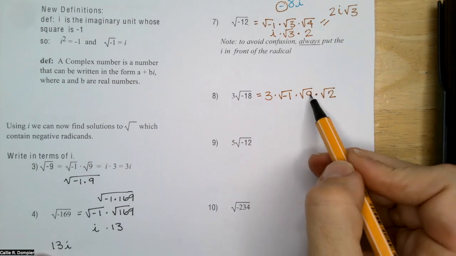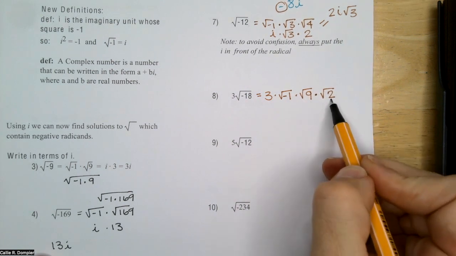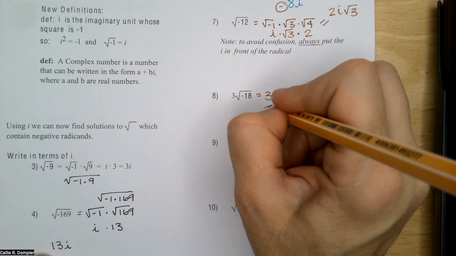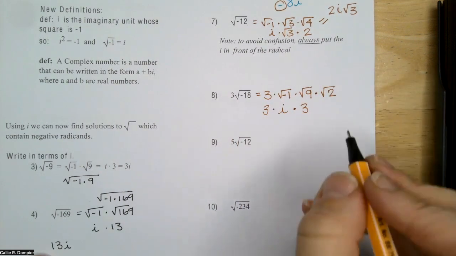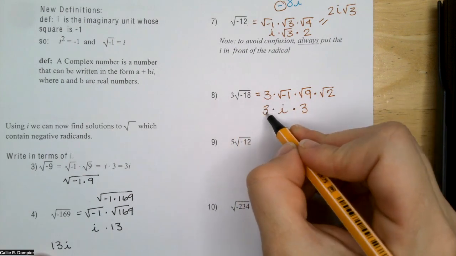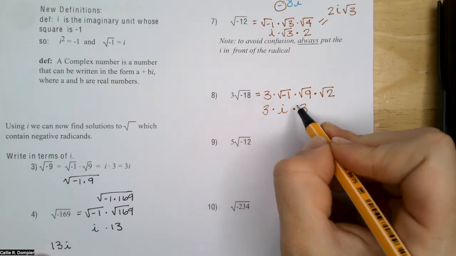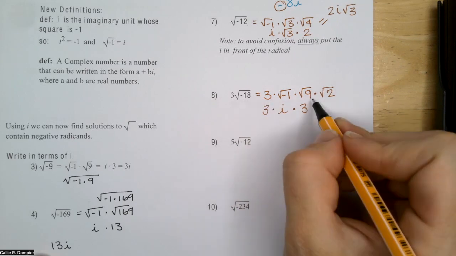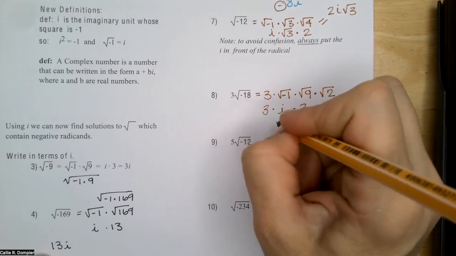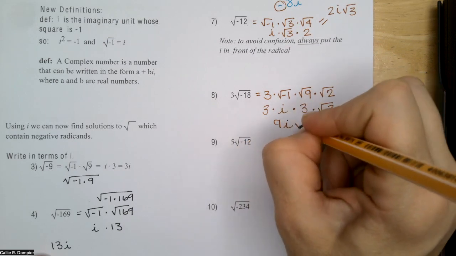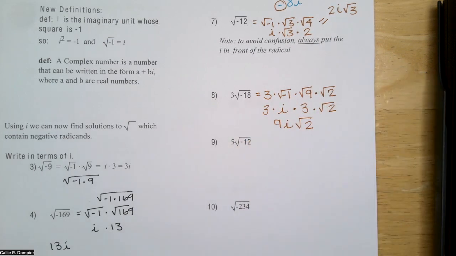So that will turn into a 3, that will turn into an i, and I'll only have the square root of 2 left. 3 times i times 3, right? That 3 is just being carried. The -1 becomes an i, and that 9 times 2 is the 18. 9 becomes 3. 3 times 3 is 9i square root of 2. Good.